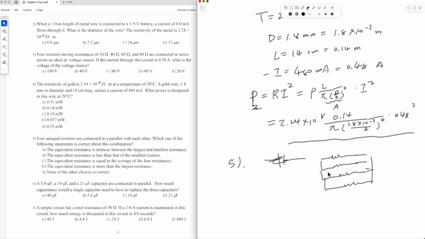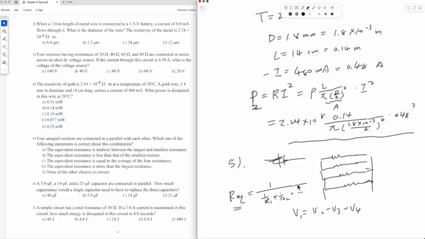In parallel, equivalent resistance equals 1 over, you see, R1, R2 added together, which means you make your equivalent resistance smaller. And the voltage on everybody is the same. V1 equals V2 equals V3 equals V4, and the currents add on.